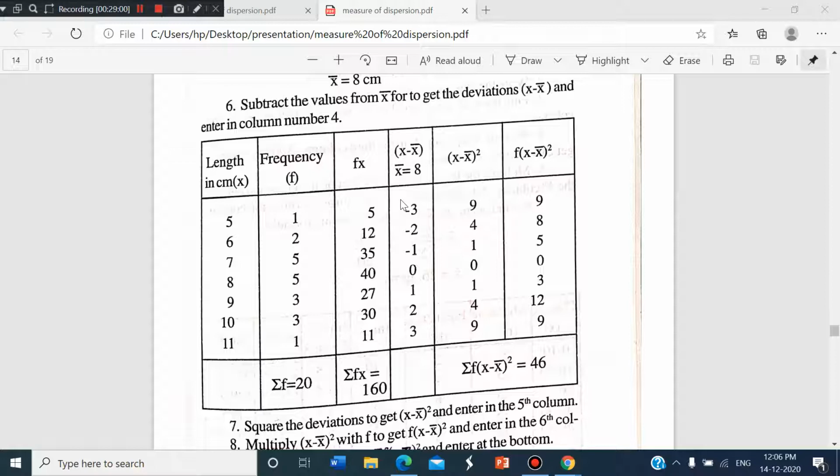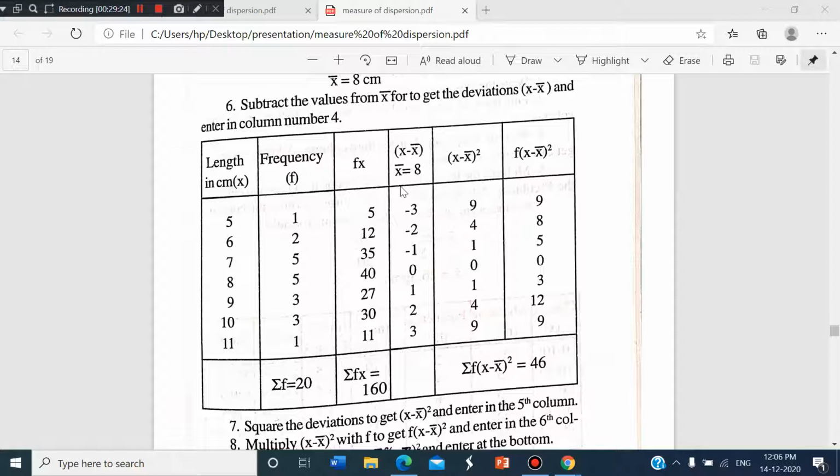The summation fx is 160. If you make a total of all these things, it will come to 160. We are not interested only in x minus x bar. Our interest is x minus x bar whole square.